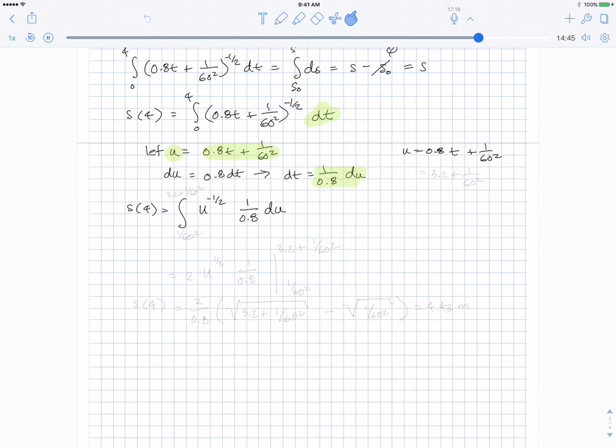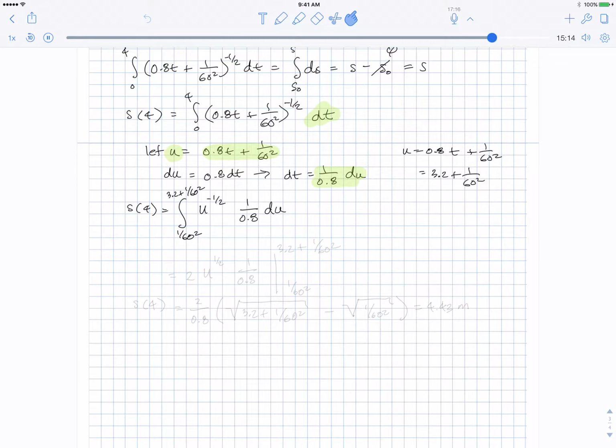So when t equals 0, u is 1 over 60 squared. And when t equals 4, u equals, what, 0.8 times 4? So it's 3.2 plus 1 over 60 squared, right?